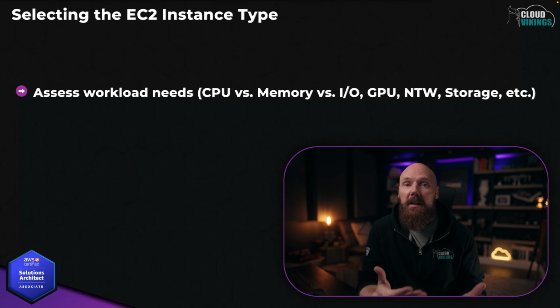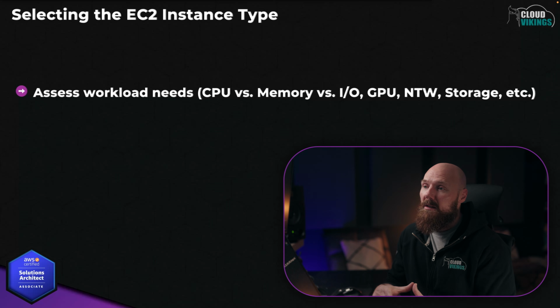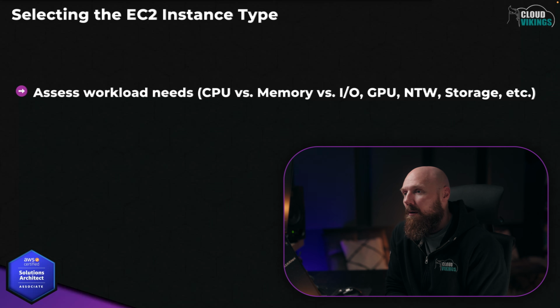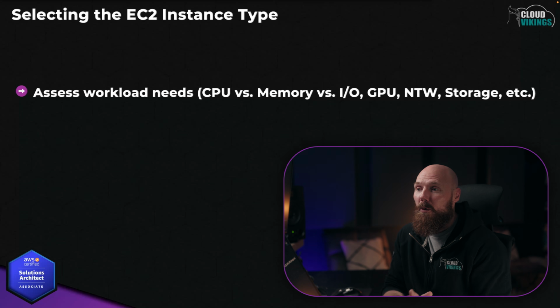Or is it consistently reading or writing to disks or like a database, making it more I/O bound? Could it be more network heavy where it's sending and receiving a lot of data? Or perhaps it needs specialized hardware like those GPUs or FPGA types of instances. By clarifying your application's needs, you really narrow down the field of suitable instance families.